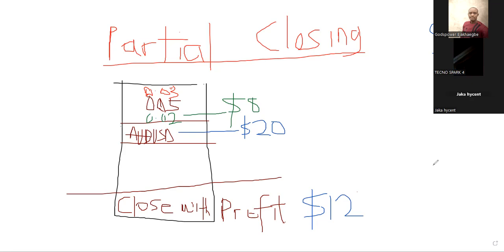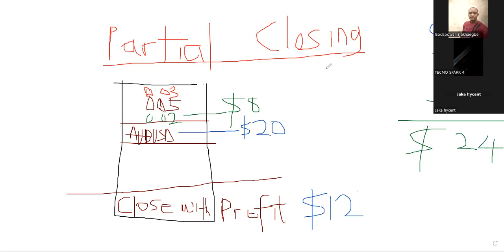Once that is done, this remaining 0.02 running, leave it. That can later run and make you an additional $12. At the end of the day, if you add them together, you have $24.